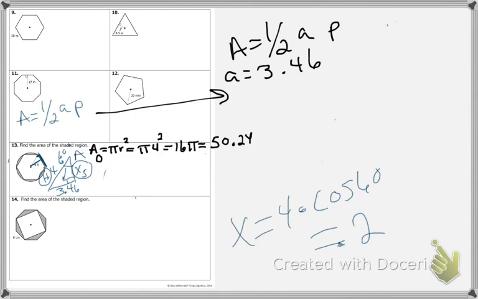So now that we know that x is equal to 2, X is this piece. So we know that this piece is 2. Then I know that this piece is 2. So all of it is 4. There are 6 sides, so 6 times 4. My perimeter ends up being 24.